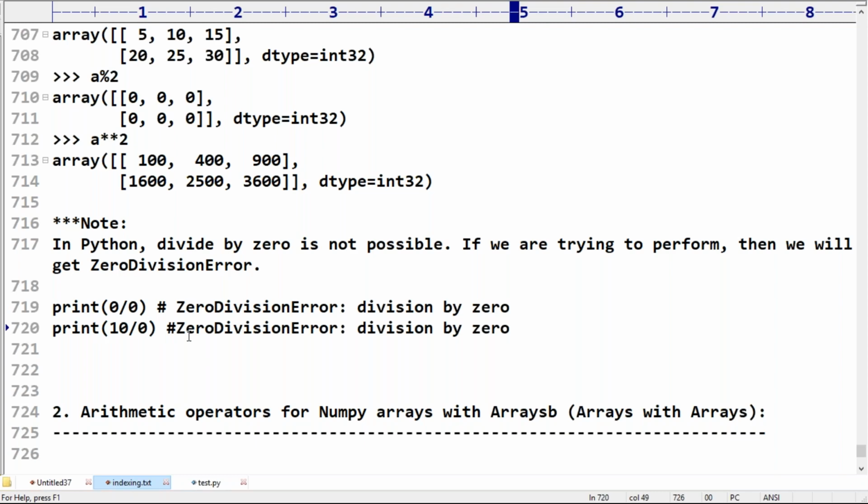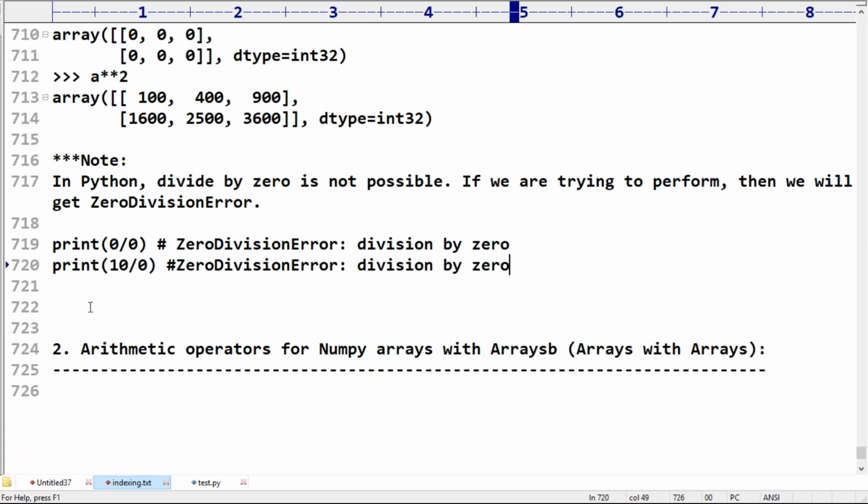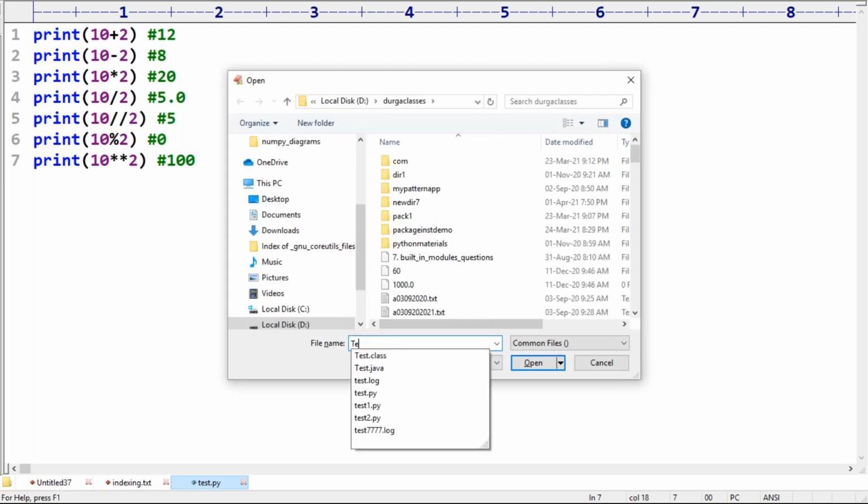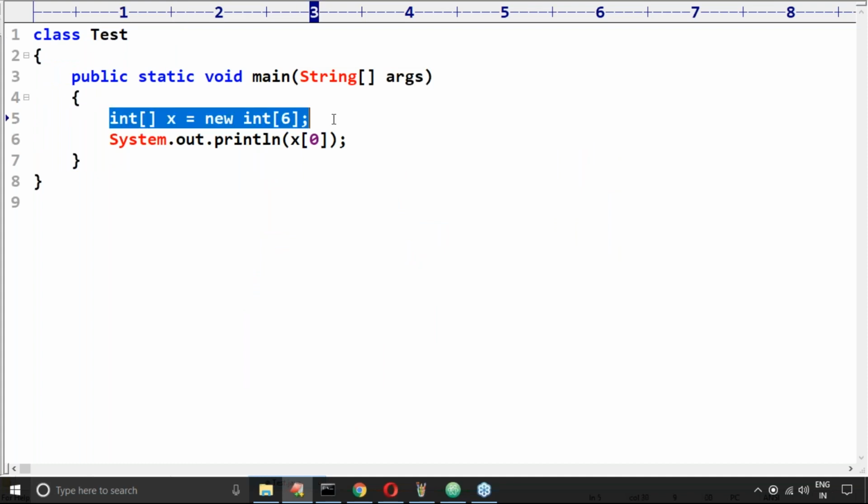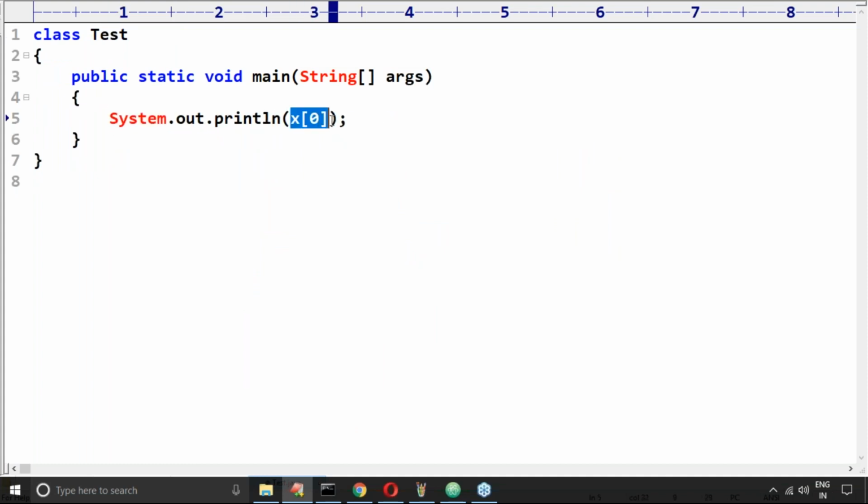People who are coming from Java, Java behavior is different, Python behavior is different, especially in this case. In Java, suppose I take 0 by 0 or 10.0 by 0.